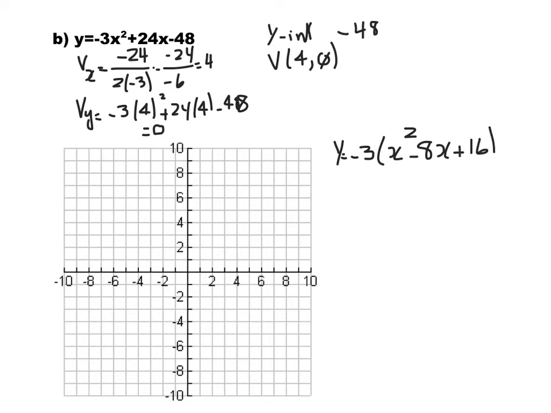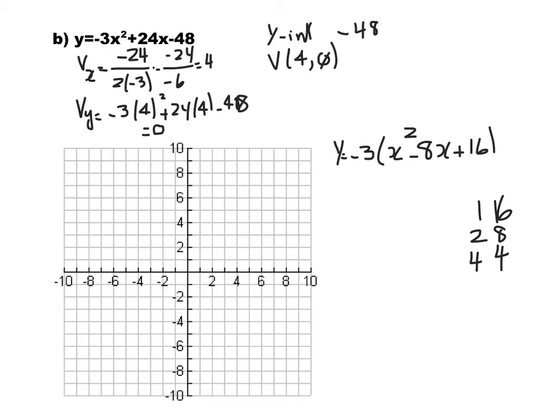Now, since the leading coefficient is 1, I can use sum and product. I have to find two numbers whose product is 16. Those two numbers are 1 and 16, 2 and 8, 4 and 4, and that's it. Also, the sum has to be negative 8.